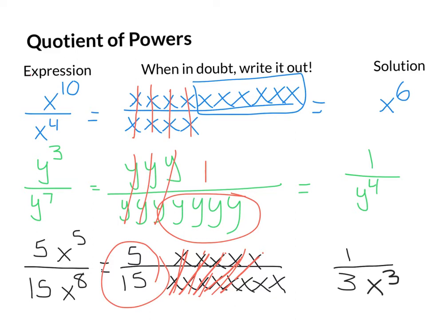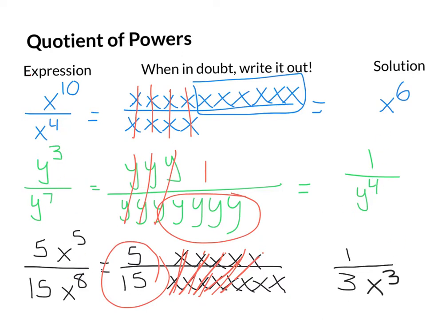And as you can see, I started with 10 and 4 and ended with a 6. Here I have 3 and 7, so I ended up with a 4, but it was in the denominator. And then 5 and 8, same thing, so I've got 3, and that ends up in the denominator. So as you can see, the solution is always the difference of my exponents.